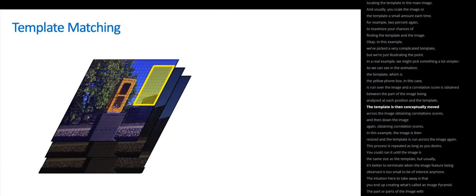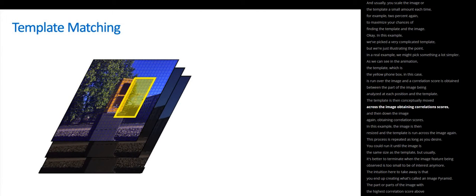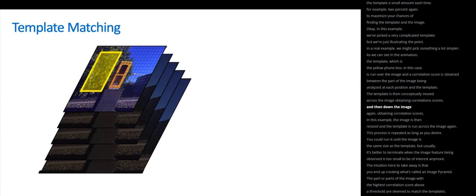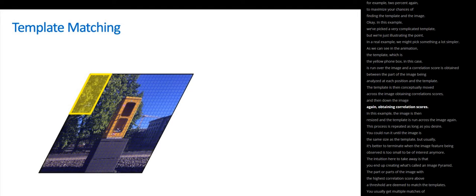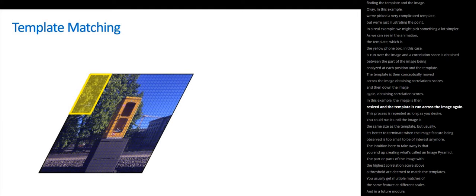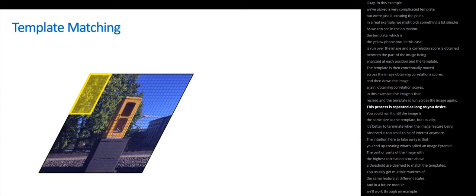The template is then, conceptually, moved across the image, obtaining correlation scores, and then down the image, again obtaining correlation scores. In this example, the image is then resized and the template is run across the image again. This process is repeated as long as you desire.